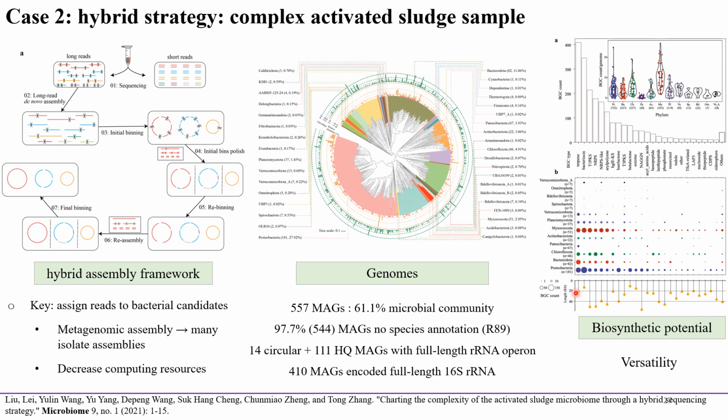Specifically, we noticed this kind of phyla encoded a high diversity of BGCs and had a high encoding density, indicating this kind of microorganisms is a high priority for future investigation, targeting natural products.